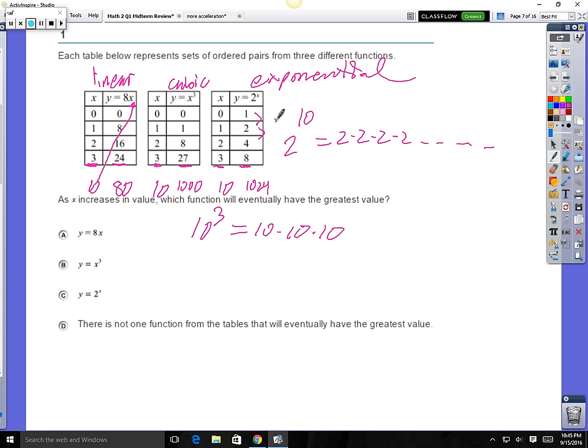But because they grow by multiplication, times 2 times 2, they are going to get huge. They're going to get big pretty quick. So if I keep going down the list, as x gets bigger, this one is going to spit out the biggest numbers.